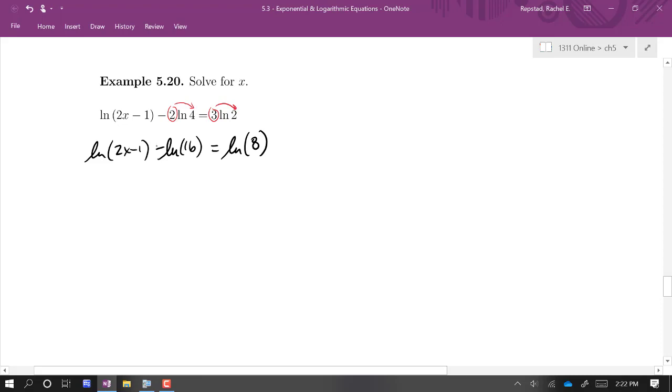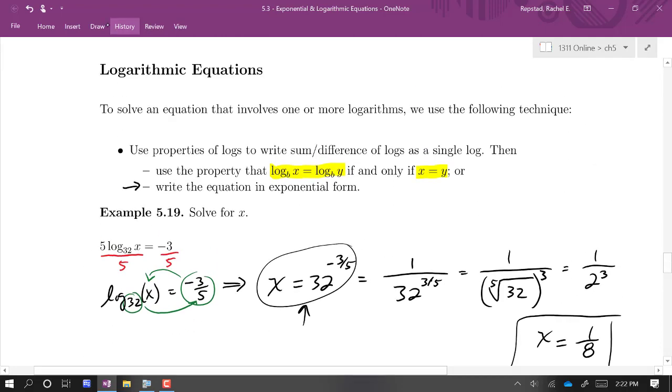Now on the left side, since we are subtracting, that means I can combine those logs by dividing inside. So ln of (2x minus 1) over 16 equals ln of 8. Now the log function in general is what we call one-to-one, or injective, and what that means is that if I have two logs of the same base that are equal to each other, that only happens if the arguments are equal to each other.